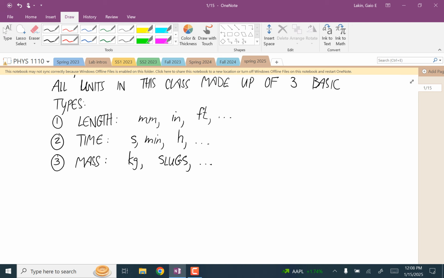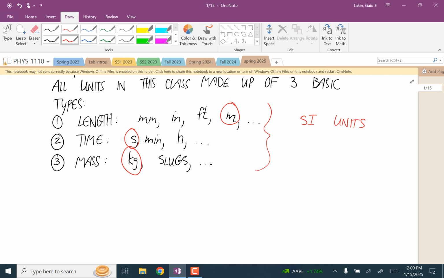The ones that are going to matter for us here: for length is going to be meters. The one we're going to use for time is seconds, and the one we're going to use for mass is kilograms. And together, these form the SI system of units, which stands for, it's actually in French, but you can think of it as Standard International or the International System.